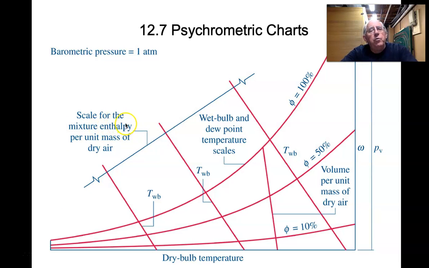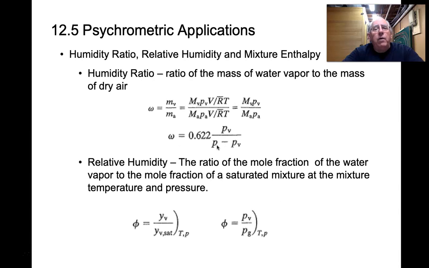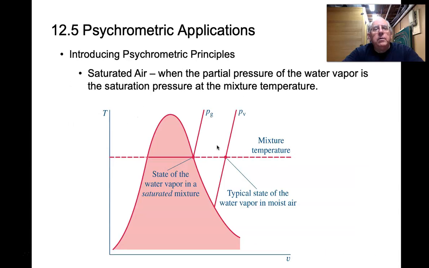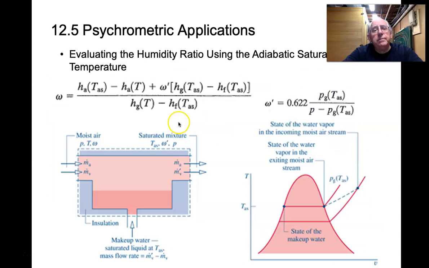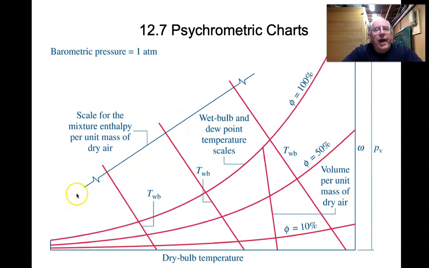That would be enthalpy in units of kilojoules or BTUs per mass of dry air. If we go back, that was the term for the enthalpy of the mixture per mass of dry air, and so that is on this axis right here.